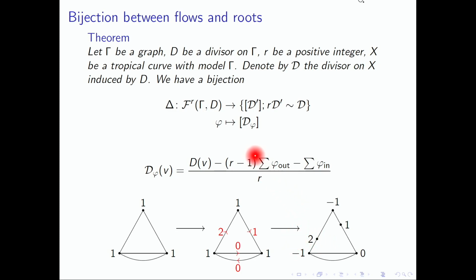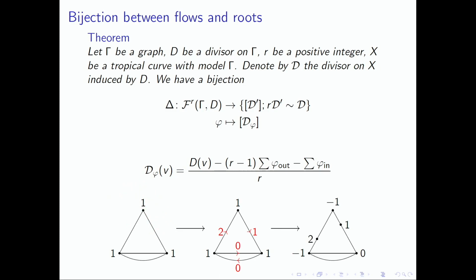And so the rule is that I put 2, which is exactly the value of the flow at distance 1 over r from the source of the edge. So this 1 on the edge goes to a 1 at distance 1 over r from the source of the edge. And so with this rule, I can state that this, which is this delta d phi, is actually a root of the initial divisor.